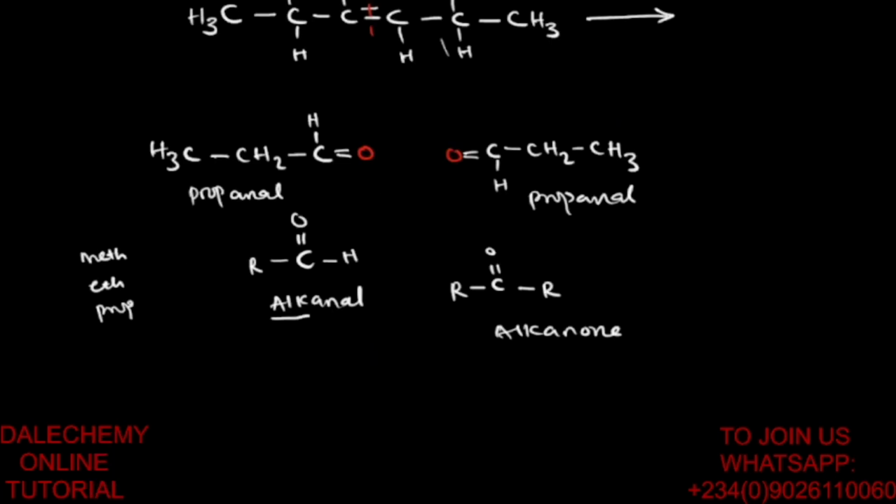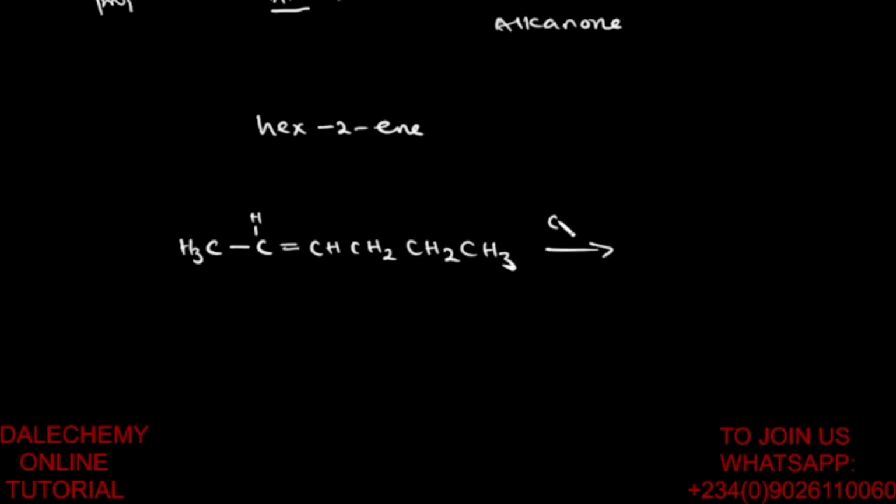Let's try one more example. You might be asked to find the ozonolysis product of hex-2-ene. You're going to get 2 different products. So you have to draw that. At the second carbon, we are going to have the double bond, and we are going to have CH, CH2, CH, 1, 2, 3, 4, 5, 6.